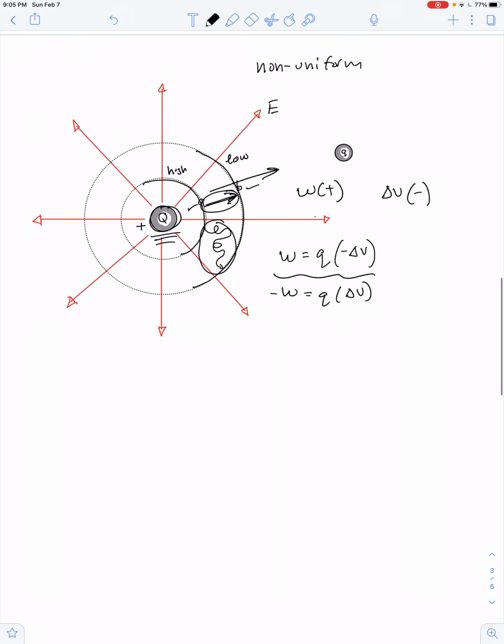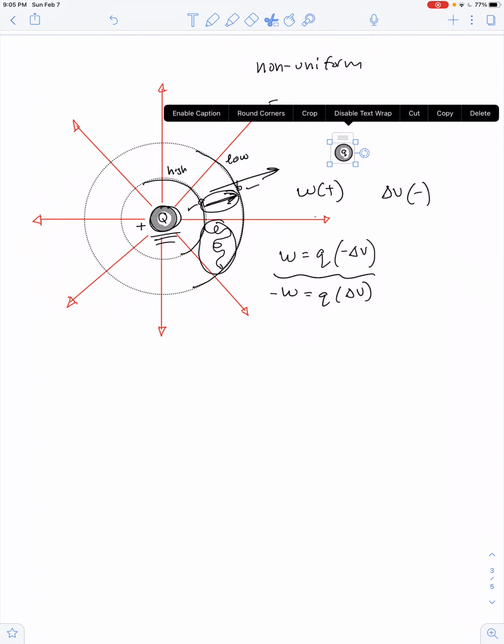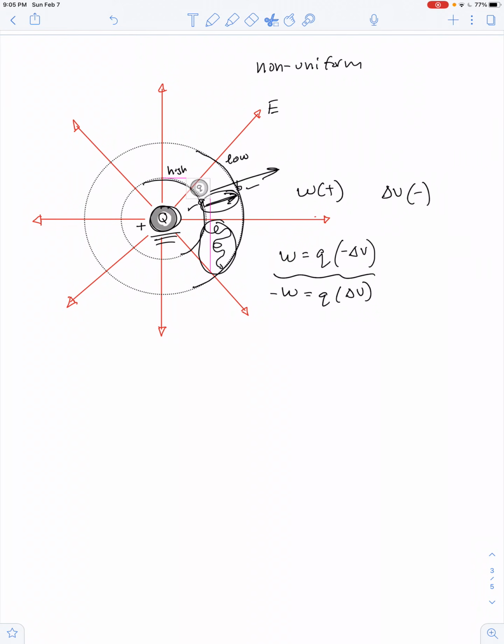Oh, and one more thing to note. What if our charge lowercase q moved on a path that was along the equipotential? Then we've got a displacement or a path like this.